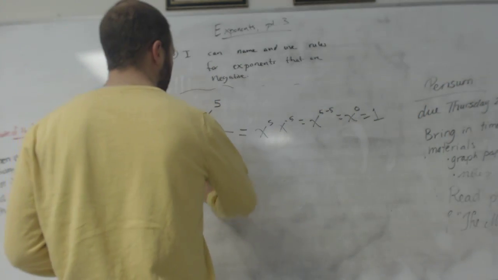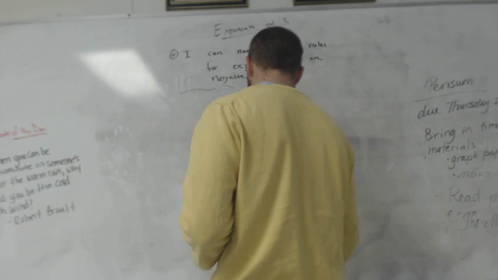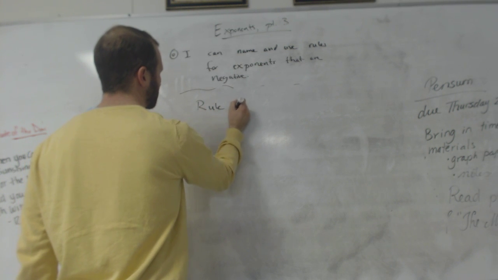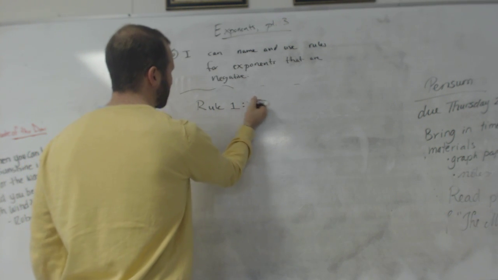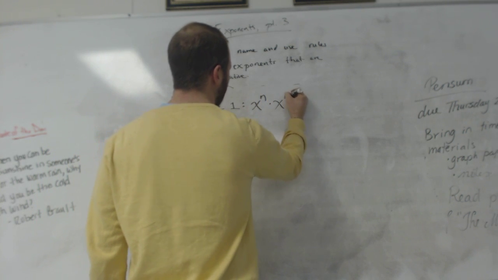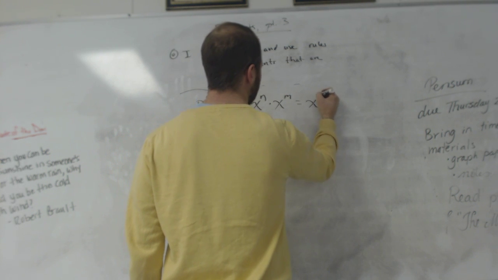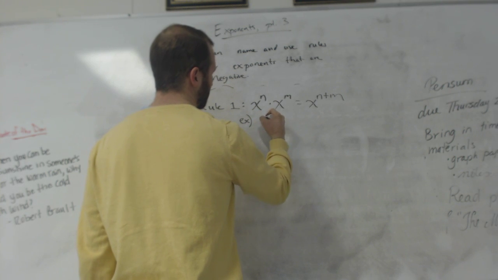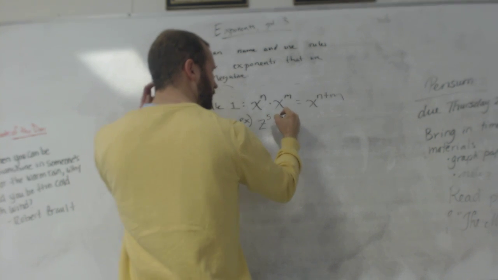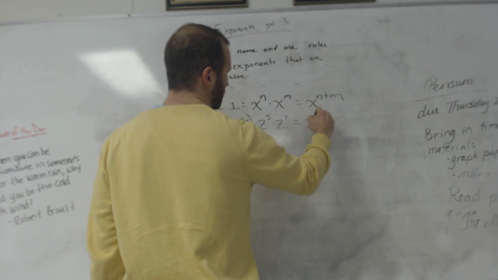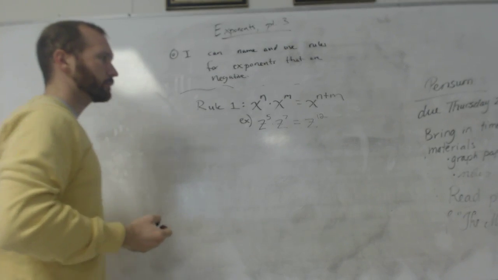Okay, let's review all of our rules. Rule 1: x to the n times x to the m equals x to the n plus m. An example of that, z to the 5th power times z to the 7th power equals z to the 12th power.